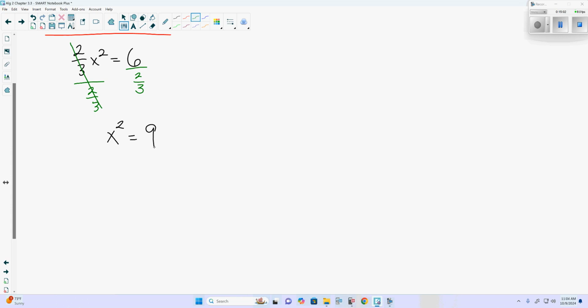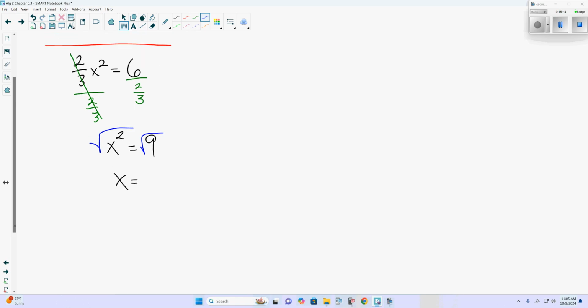At this point here, we can do what? We can square root both sides. Because the square root of x squared is x. The square root of 9 is 3. But remember, whenever we take the square root of both sides, we have to put the plus or minus.